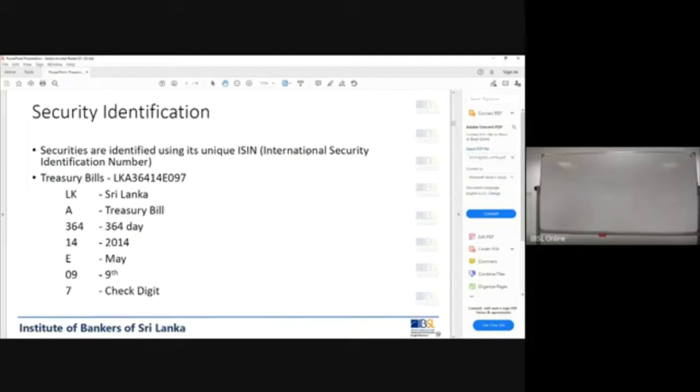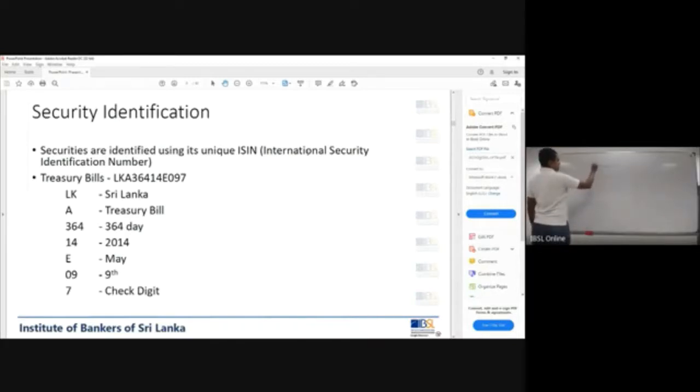So treasury bills and bonds. Let's see how it goes. The first example is LKA36414E097. So I'll write it down. Now I'm going to break it up.